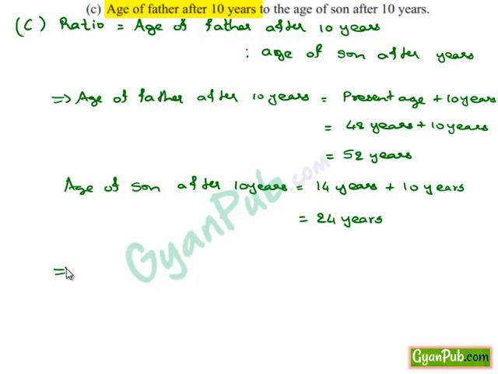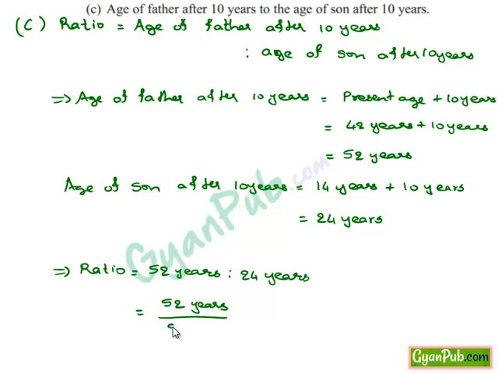This implies the required ratio is equal to age of father after 10 years, 52 years, is to age of son after 10 years, which is equal to 24 years. This can be written as 52 years upon 24 years.